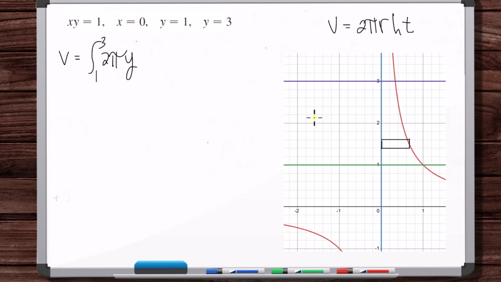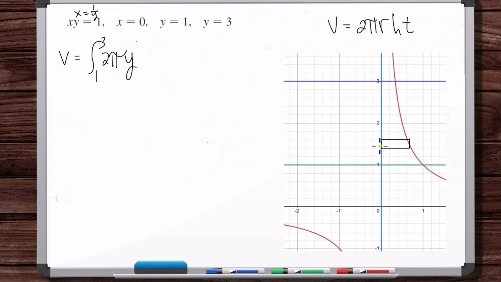Now the height is this red function evaluated at, but we want to get the x coordinate. So here, what is the x coordinate? It's 1 divided by y.